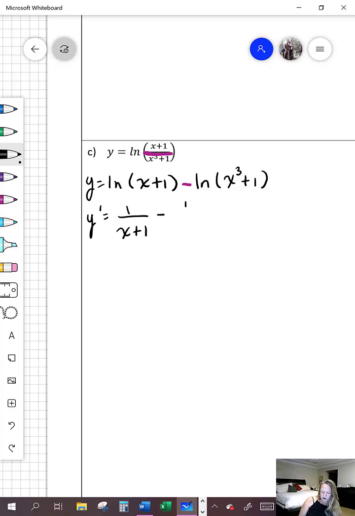Minus 1 over what we were taking the natural log of, which is x cubed plus 1, all times the derivative of the inside, which is 3x squared. So our derivative here is 1 over x plus 1 minus 3x squared all over x cubed plus 1.